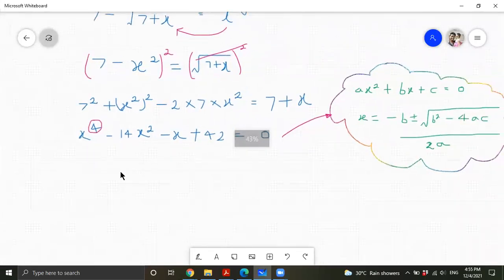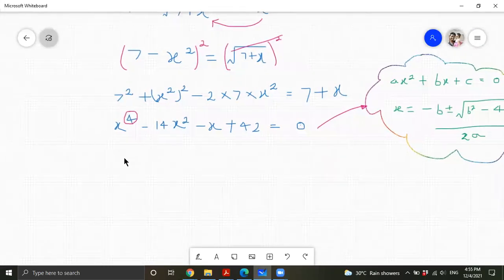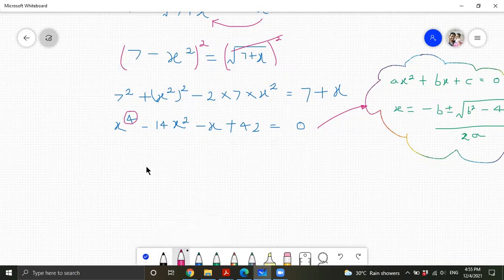The way that I prefer or do in general is that I put some value for x and find whether this LHS term, left hand side, becomes 0, which is our RHS term, right hand side, right? So we find an x value such that the left hand side term will become 0.